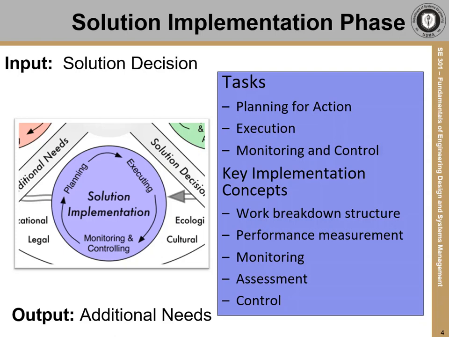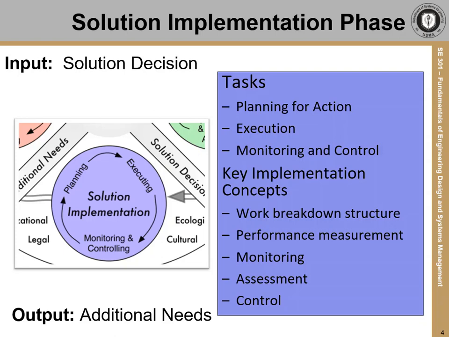Once a good plan is developed, we execute the plan and put it into action. And finally, during the execution, monitoring and controlling key elements of the project, including cost, schedule, and performance, among others, allows the project management team to take preventive actions to avoid events that would adversely impact successful implementation.